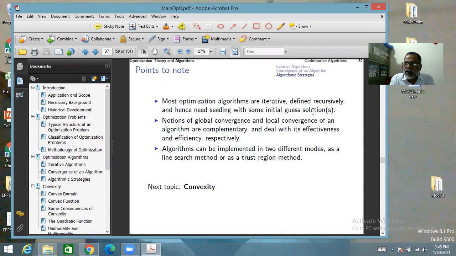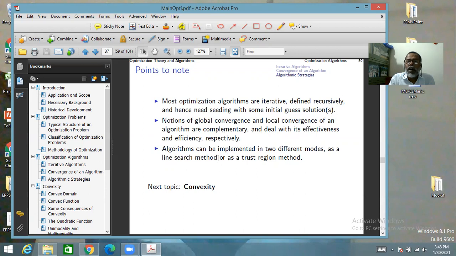That doesn't mean that if you do not have a good guess, you cannot start them. If the algorithm has global convergence, which you expect a useful algorithm to have, it will still work. The notions of global convergence and local convergence of an algorithm are complementary. They are answers to two different questions. Both of them are important: effective, efficient.